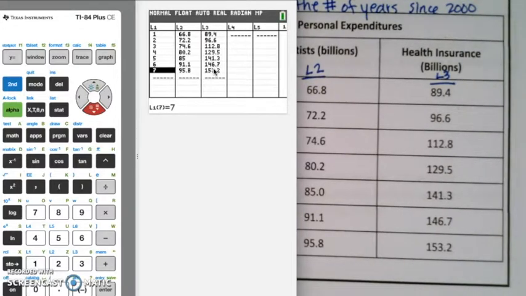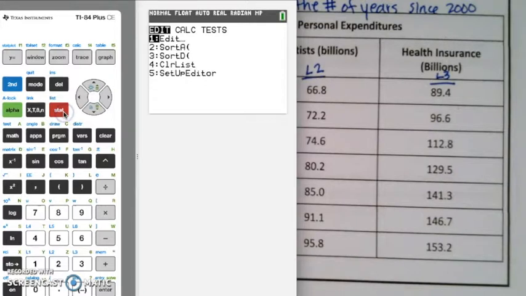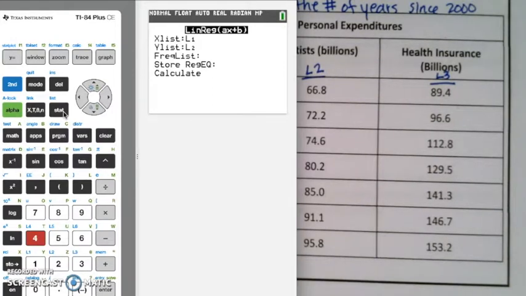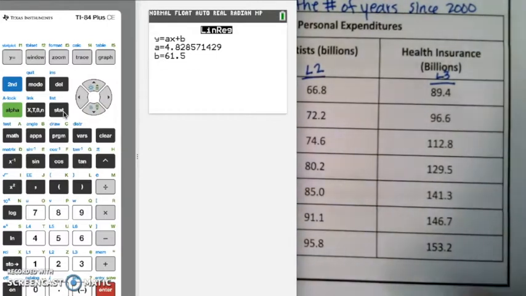And then once you have those typed in, what we want to do is find the regression. So that was in Stat, Calculate, and it's telling us it's a linear regression. So we're going to go to option 4, which is the linear regression. Now, first we'll do the linear regression for dentists. So that's list 1 and list 2. And we're going to go ahead and calculate.